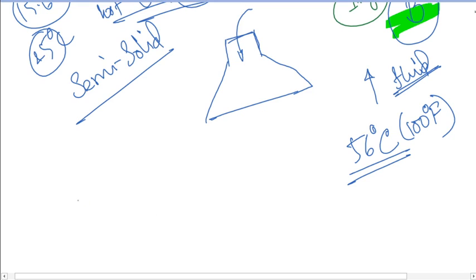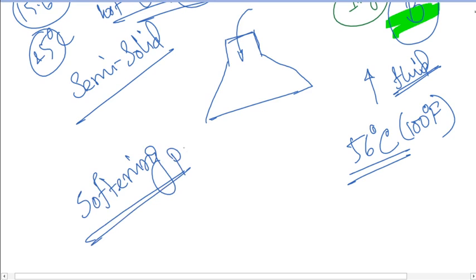There is another term, called the softening point. For all bituminous materials there is this other property, the softening point, and maybe we'll be conducting another test regarding it.